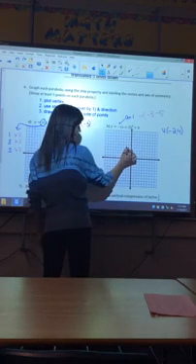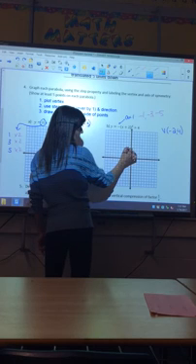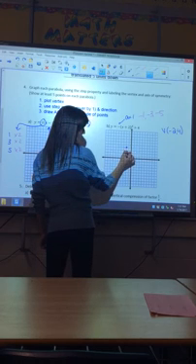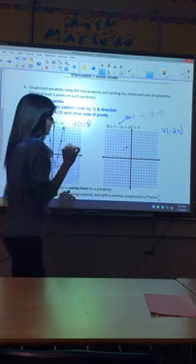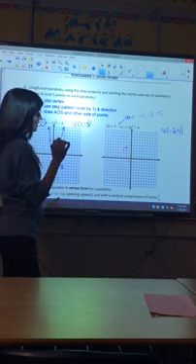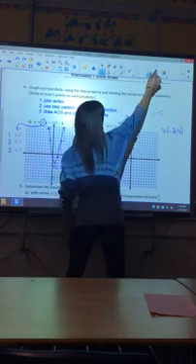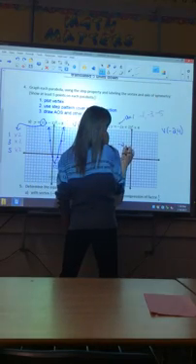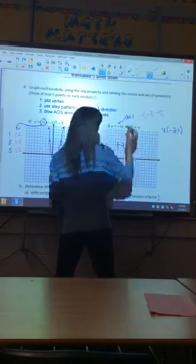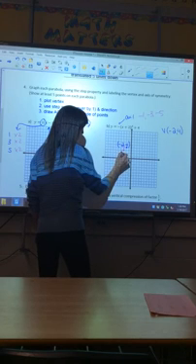From here, shouldn't you write it out though? Pardon? Shouldn't you plot it first? Over 1, down 1. Like this? No, but shouldn't you write it out like negative 2 and 4? Like show what the vertex is? I should, yeah, I should label my vertex. Negative 2, comma 4. Thank you. And then over 1 and down 3.